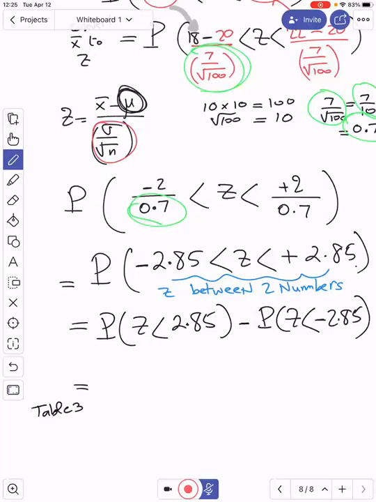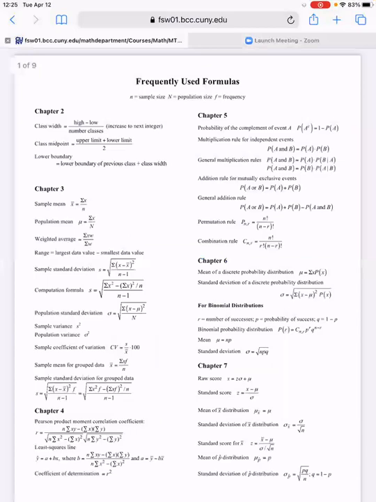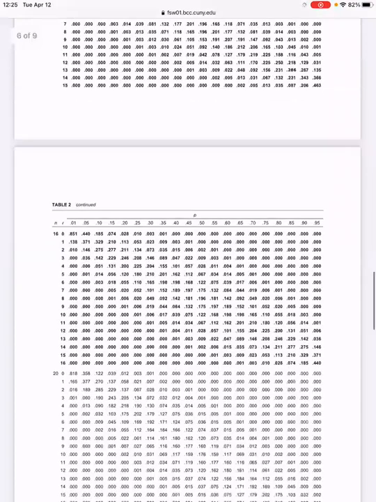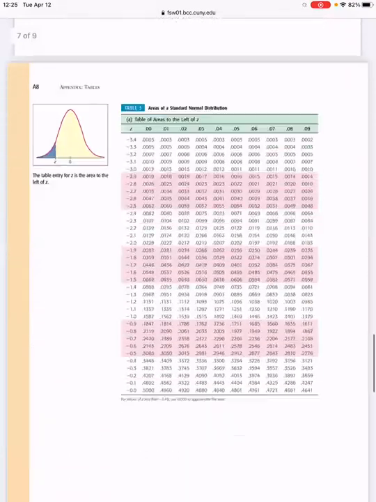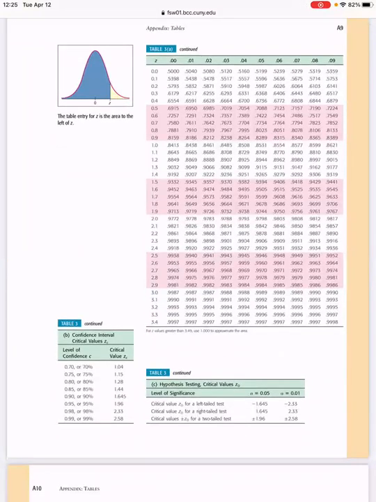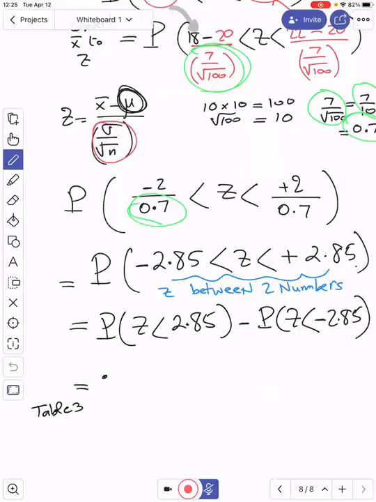I'm going to just show you again. For example, for 2.85, the chart, the formula sheet, is on CUNY Blackboard. For 2.85, you go to positive 2.8, and then nearest hundredth, it's 0.05. So it's 0.9978.